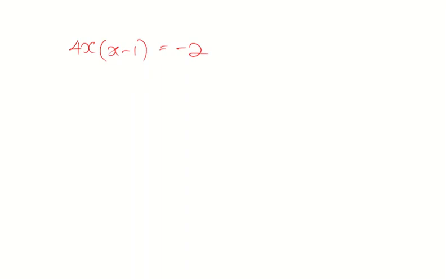Let's try it. Let me show you. 4x squared minus 4x equals negative 2. 4x squared minus 4x plus 2 equals 0.